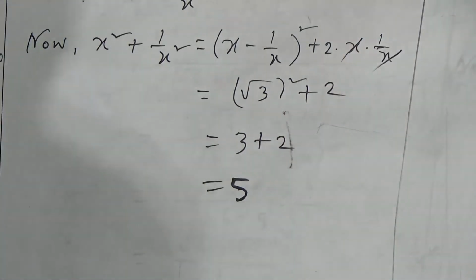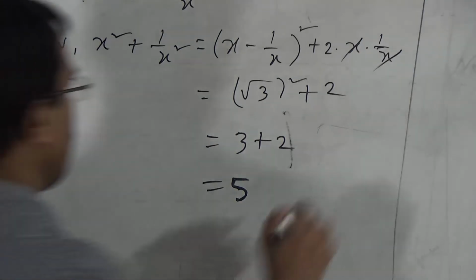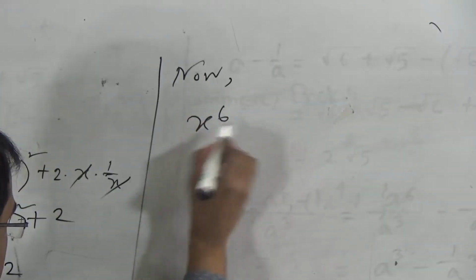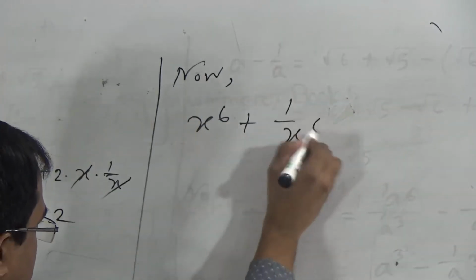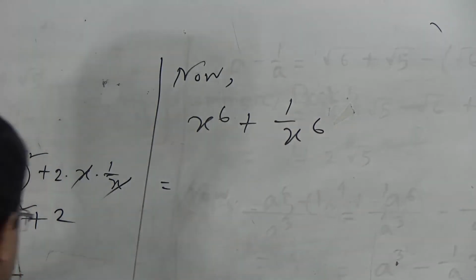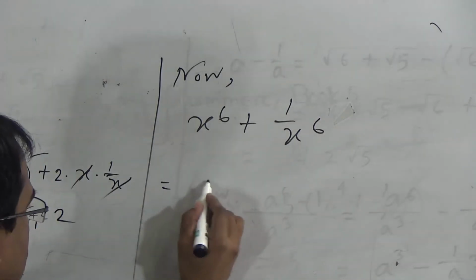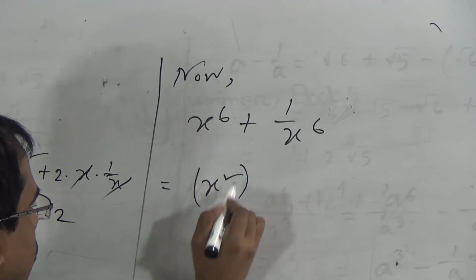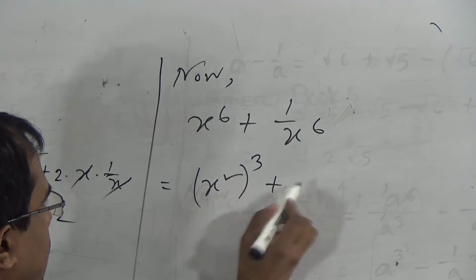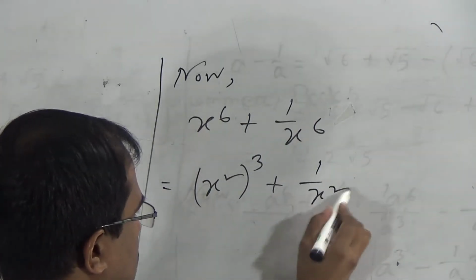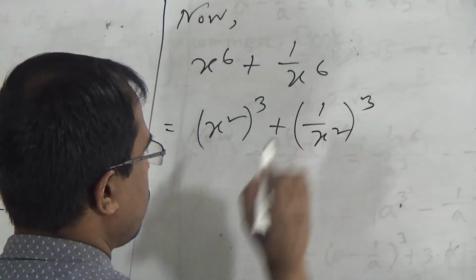Now we can easily find out the value of x to the power 6 plus 1 by x to the power 6. Now x to the power 6 plus 1 by x to the power 6, this is equal to, instead of x to the power 6 we can write x square whole cube, and instead of 1 by x to the power 6 we can write 1 by x square whole cube.